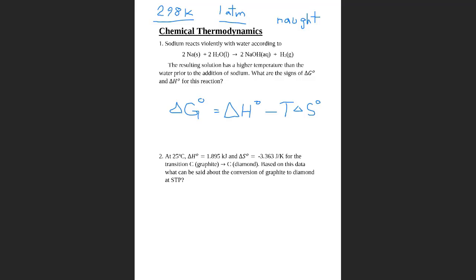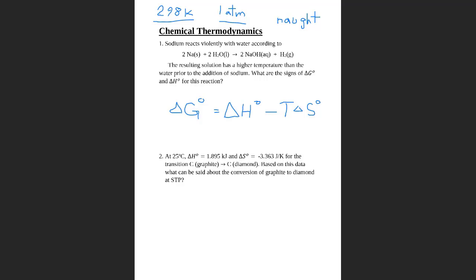Product side. Very good. So based on this assessment, is delta S positive or negative? It shall be positive because it is increasing. Perfect.